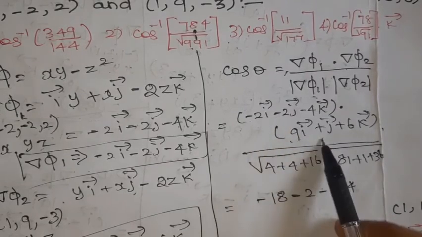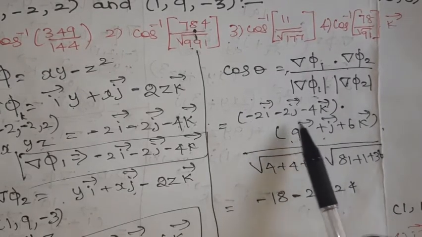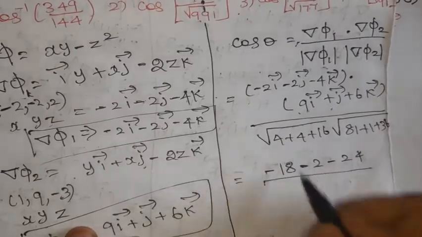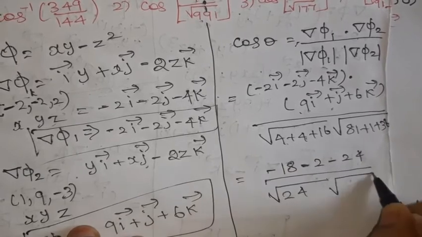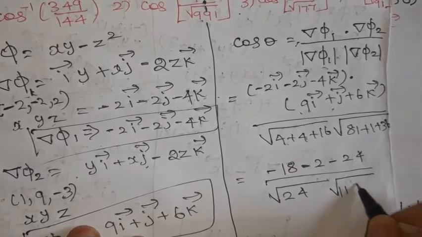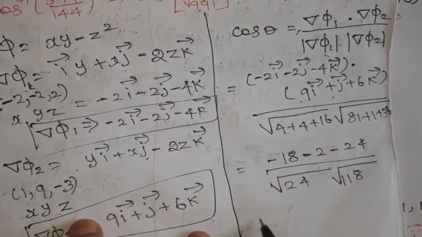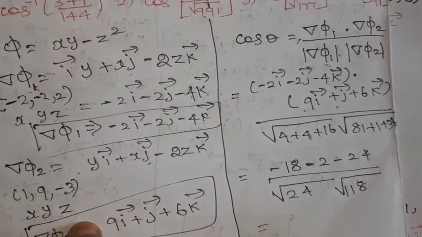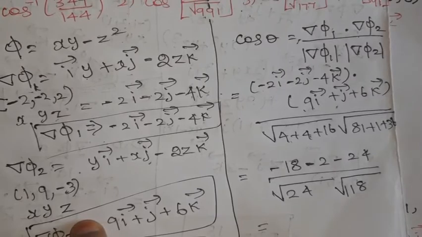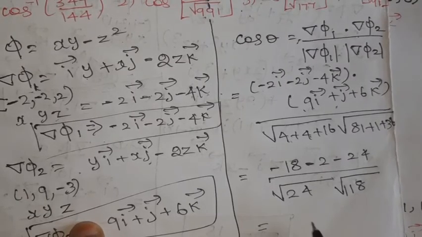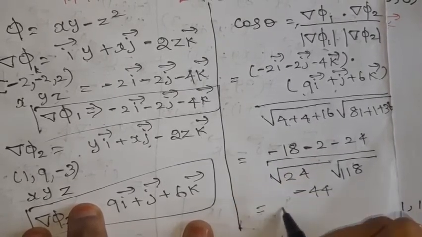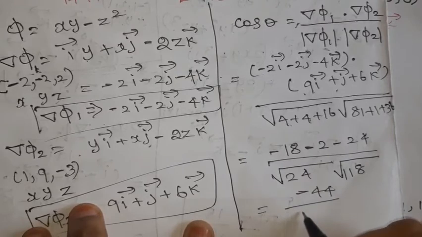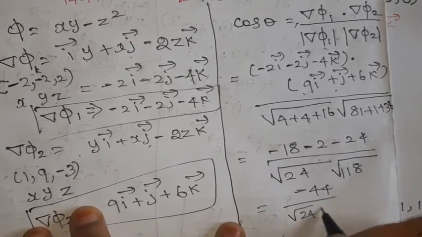Minus 18 minus 2 minus 24. In the denominator, square root of 24 and square root of 118.